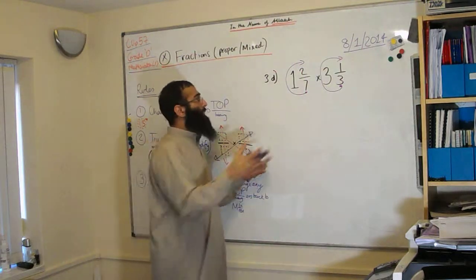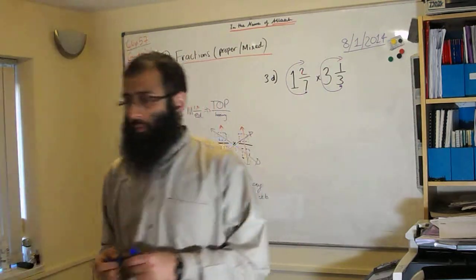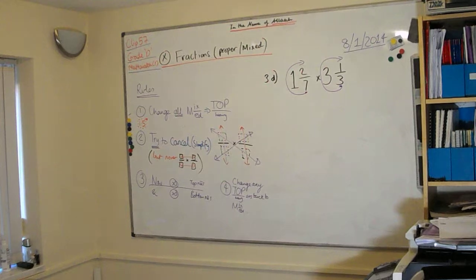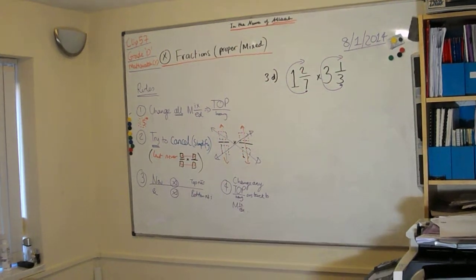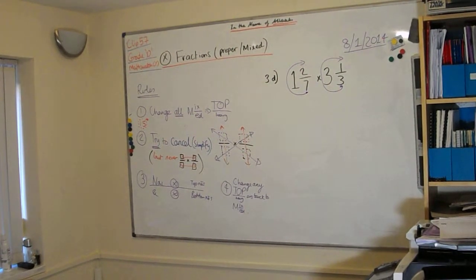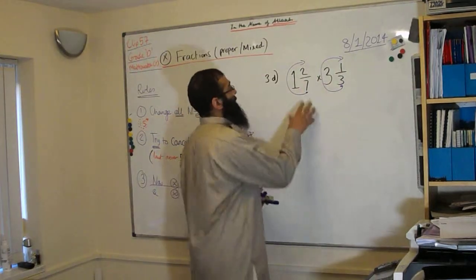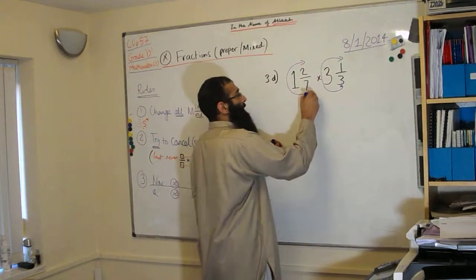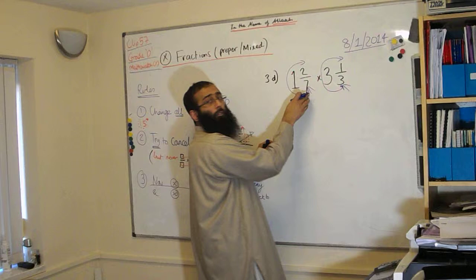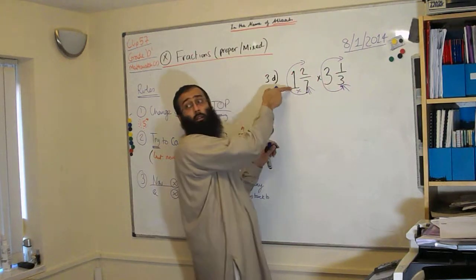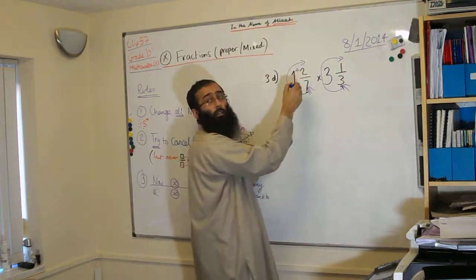Now, we're going to start off with the 7. We always start over here. 7, the denominator, times by the whole number, then add 2.